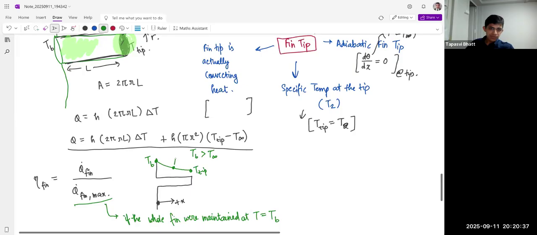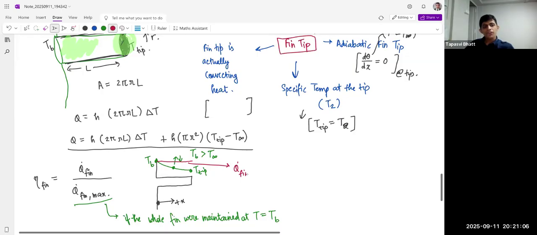So even the heat transfer rate keeps on falling, because heat transfer rate is dependent on the temperature difference between the surface and the surrounding. Because the surface temperature is falling, the difference is also going to fall, so the heat transfer is reducing. But if the temperature curve were like this, it would be Q dot fin max. This is the curve of Q dot fin max.